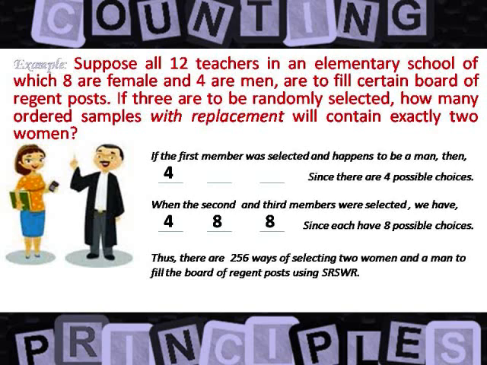And for the second, we also have 8, so we again write down 8 since there are 8 women. And for the last, of course, we need a man, so we write 4. Since we have the same multipliers, we will have the same result.